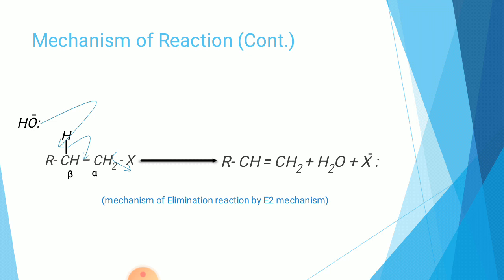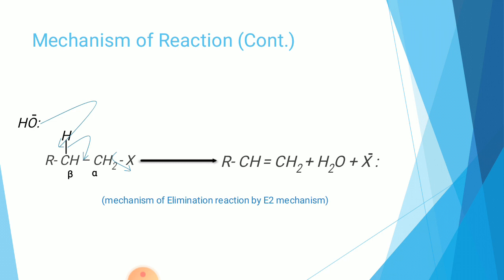As both the groups are getting removed simultaneously, we get the product in the form of RCH double bond CH2, plus this hydrogen or proton will be taken by the base, so it forms a water molecule H2O, plus this halogen atom will be removed in the form of a halide ion.